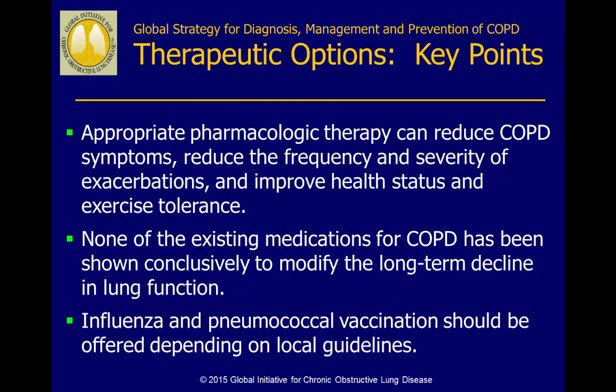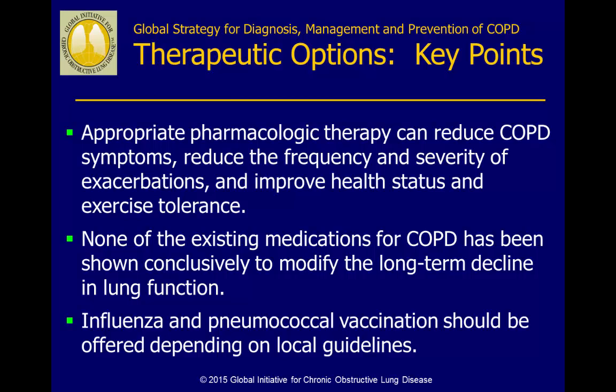So you should not omit anticholinergic therapy as bronchodilator therapy. Okay, so you use bronchodilator therapy, your SABA and the anticholinergic, and you could also use corticosteroid therapy and antibiotic therapy in every exacerbation.